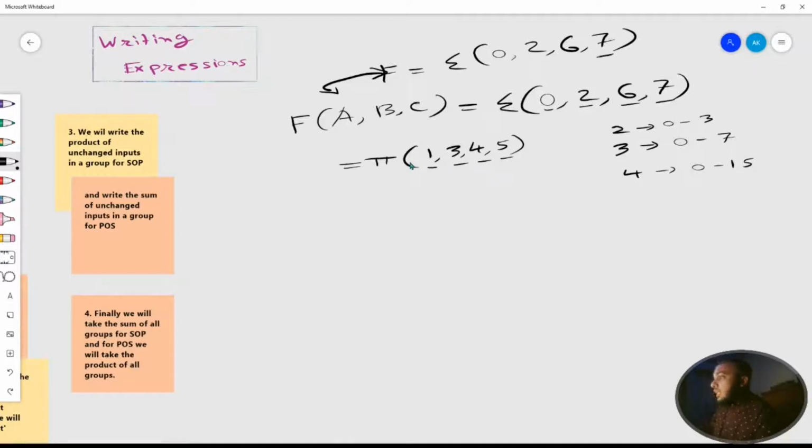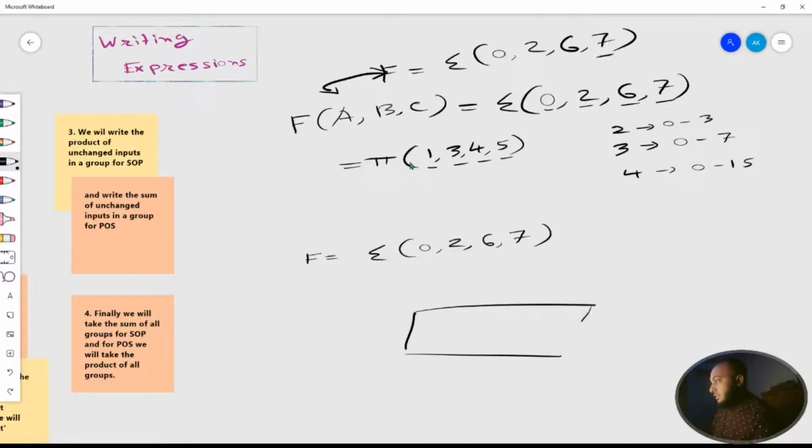So if we want to simplify using K-map for the SOP form, we should take this one, summation of 0, 2, 6, 7. Okay, now let's draw the K-map table like this.